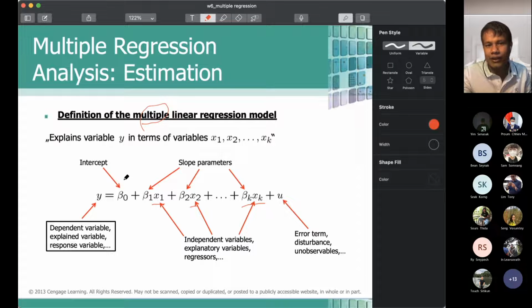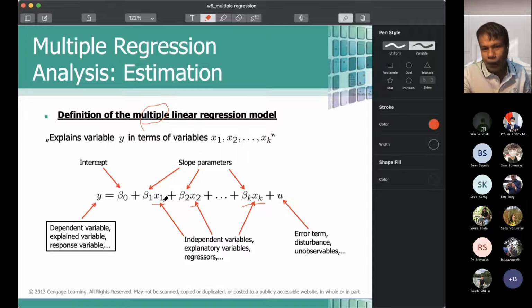So delta 0 is still called intercept. Y is still the dependent variable, explained variable, or response variable. Either x1, 2, 3, 4 are independent variables, explanatory variables, or regressors, and so on. We still call this error term or disturbance. Any other variable that is not included in x is in u, here we call it unobserved variable.